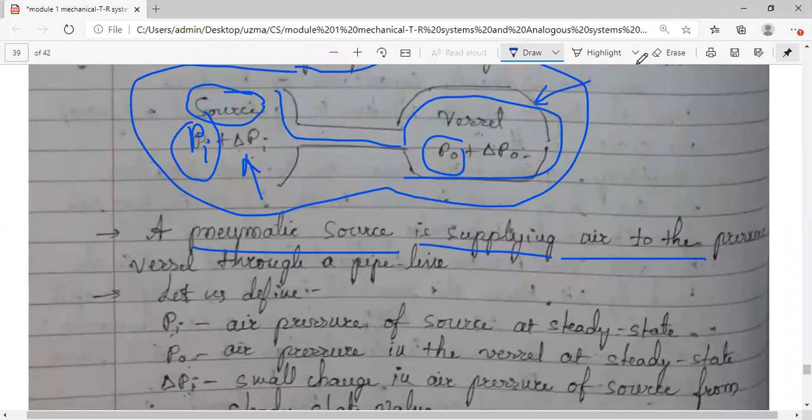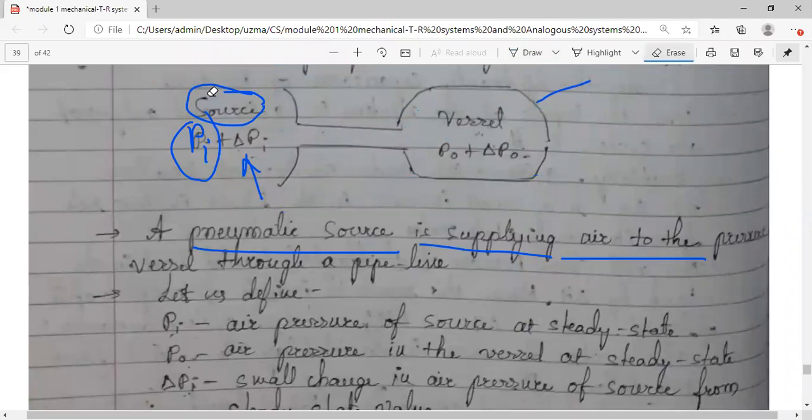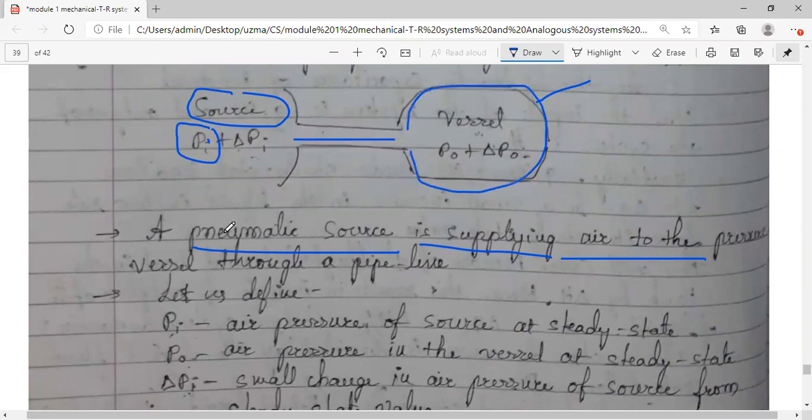Let me call this the second diagram. You have a source supplying some air with some pressure into a pressure vessel through a pipeline. So this is your pipeline. It provides the air, and it is getting stored here. So both are having some pressures.